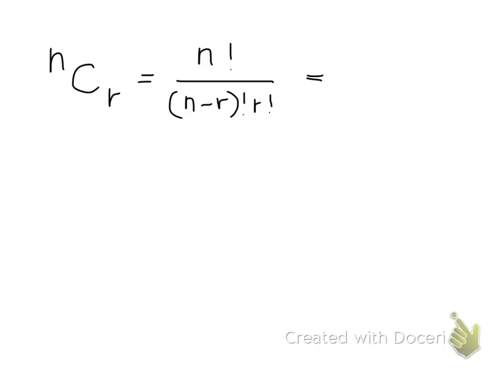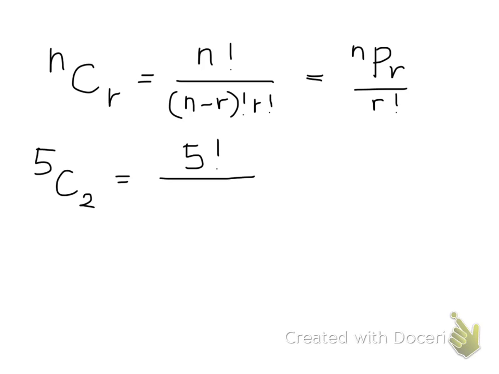You can actually do nPr divided by r factorial. For example, 5C2 means 5 factorial divided by 5 minus 2, which is 3 factorial, and then 2 factorial.